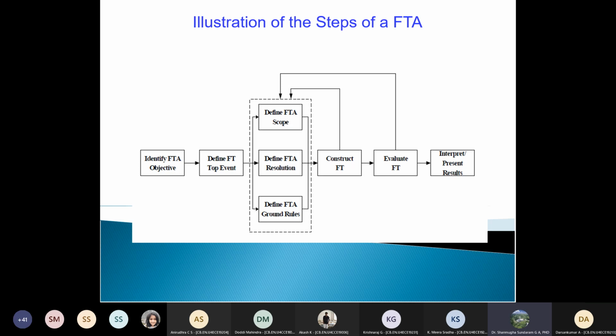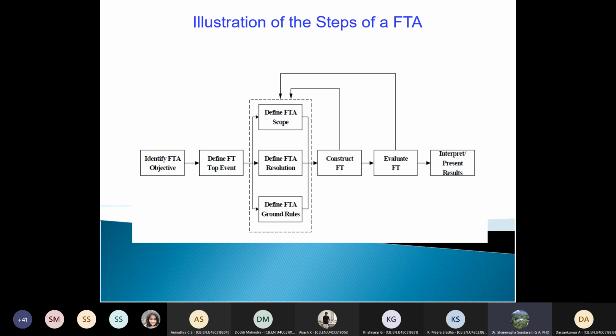Then you have the definition of the basic causal events that also have to be considered for the analysis. The resolution of the FTA: to what level of detail you need to proceed in a systematic step-by-step fashion, so that you can put a complete end to the analysis process at some point in the ongoing phase of analysis using FTA.